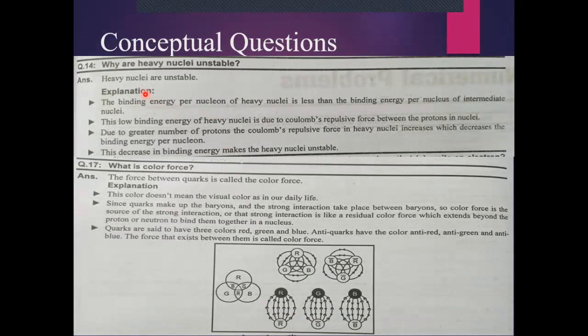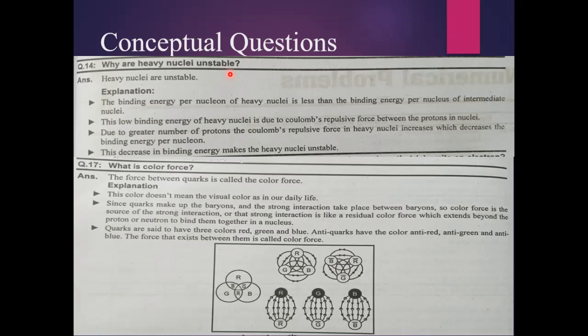Then next question included in the reduced labels is, why are heavy nuclei unstable? The answer is again the same. The heavy nuclei are unstable because their binding energy per nucleon is less as compared to the middle mass region.